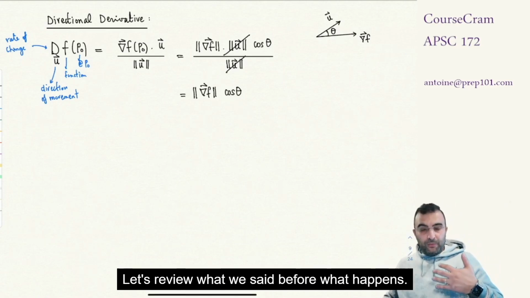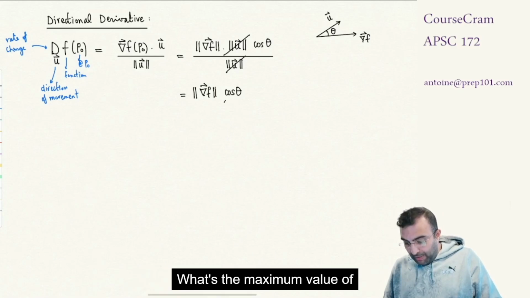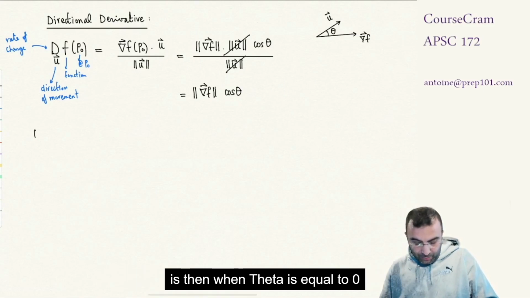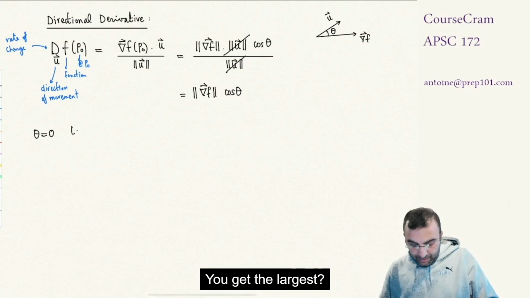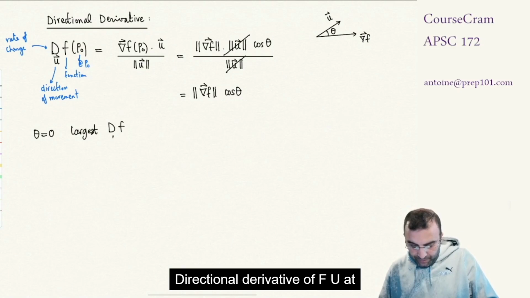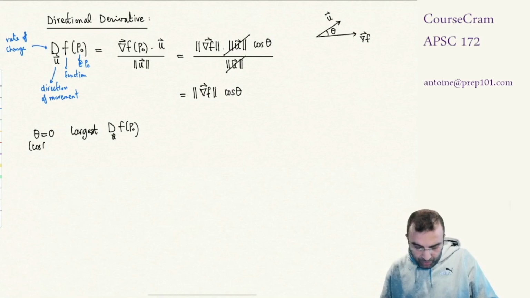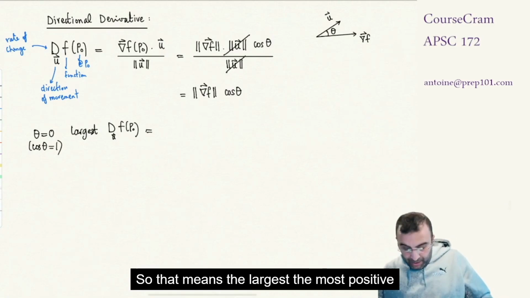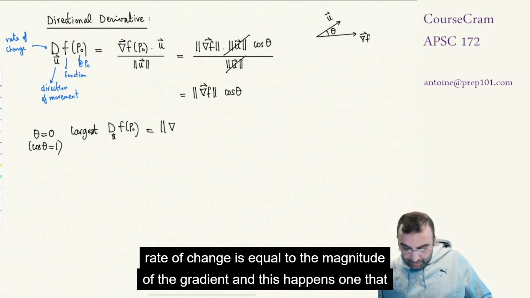So let's review what we said before. What's the maximum value of cosine theta? The maximum value of cosine theta is when theta is equal to 0. You get the largest directional derivative of f in the direction u at p0, because cosine theta would then be 1. So that means the largest, the most positive rate of change is equal to the magnitude of the gradient.